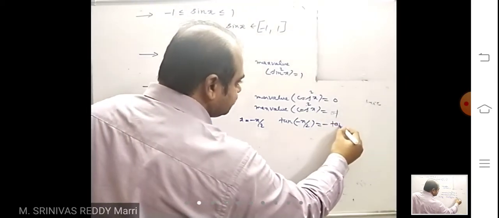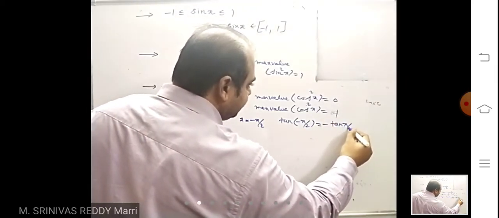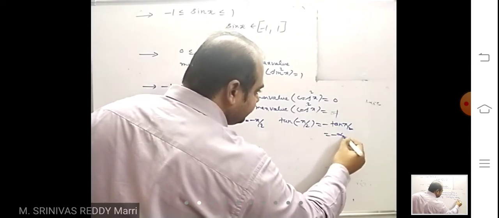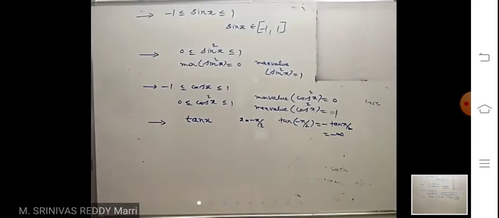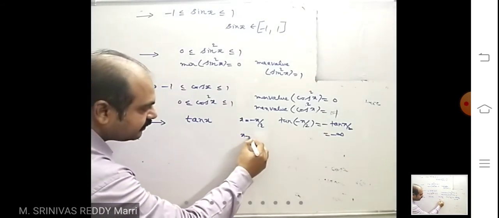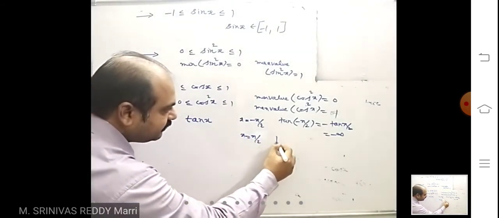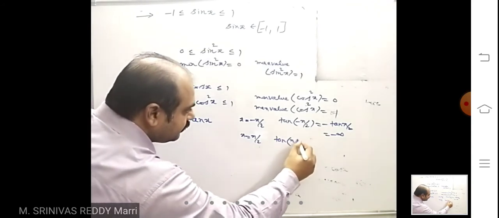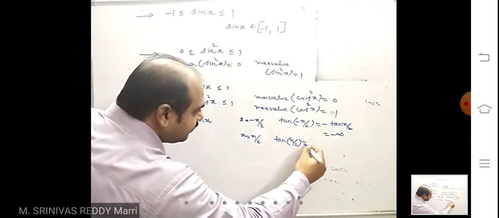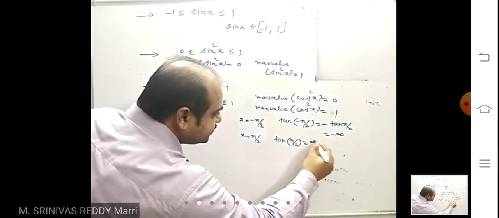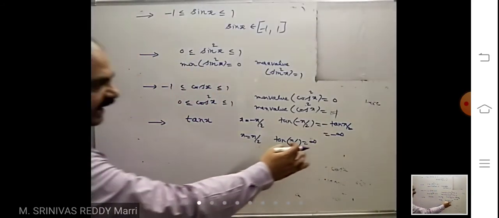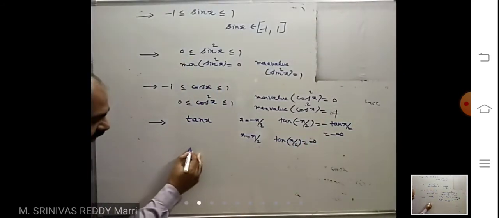That means minus tan pi by 2. That means what is the minimum value? Minus infinity. Minimum value is minus infinity. Maximum value. Suppose if you substitute x equal to pi by 2, then maximum value is what? Tan pi by 2. This is what? Infinity.